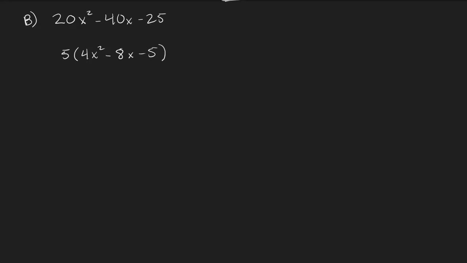And again, I'm able to do that because 5 times 4x squared gives me 20x squared. 5 times negative 8x gives me negative 40x. And 5 times negative 5 gives me negative 25. So it's still the same expression. I just factored out the 5 for purposes of factoring.